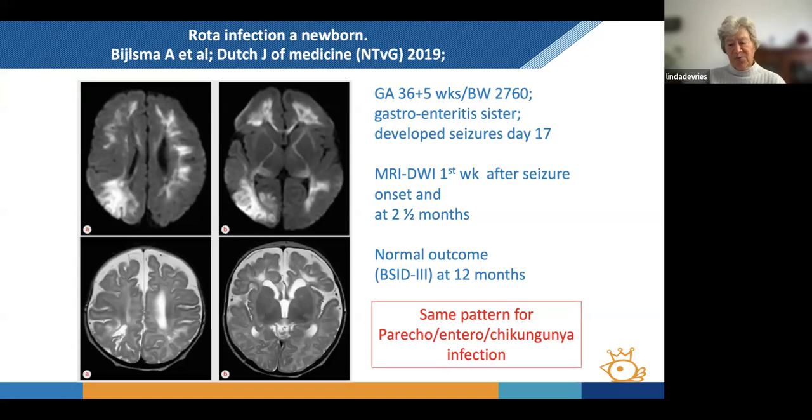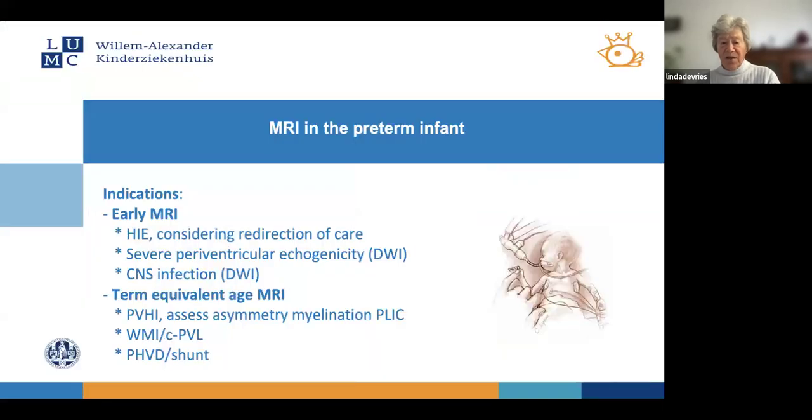And this baby was still normal without any signs of CP at 12 months, and some language delay I heard later at the age of 2 years, but still no evidence of cerebral palsy. So for children with seizures and a possible viral infection, again, I would recommend doing an early MRI to have the benefit of diffusion. So let's move for the last couple of minutes to the preterm baby.